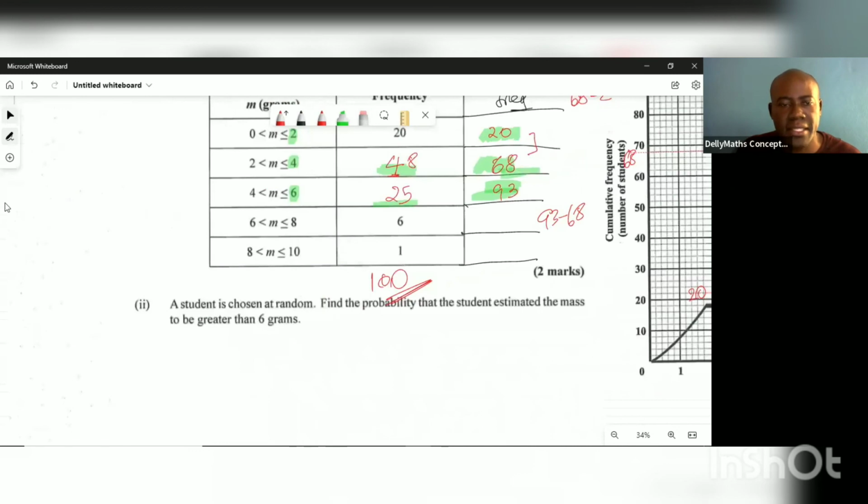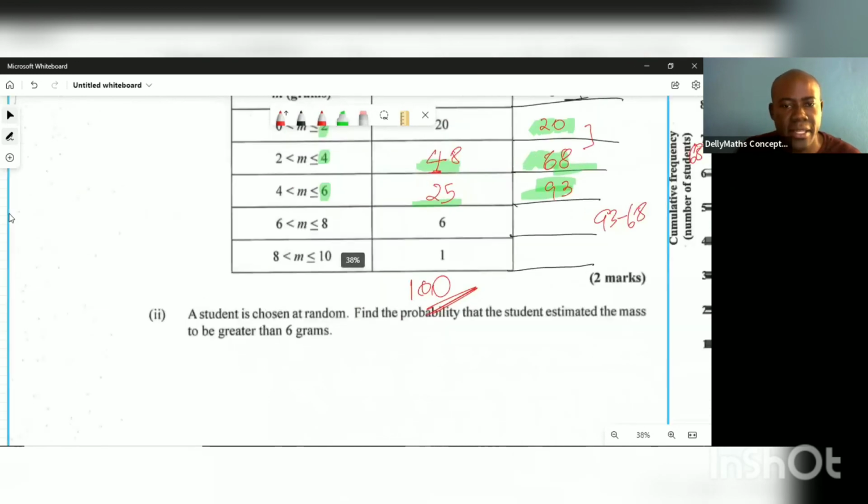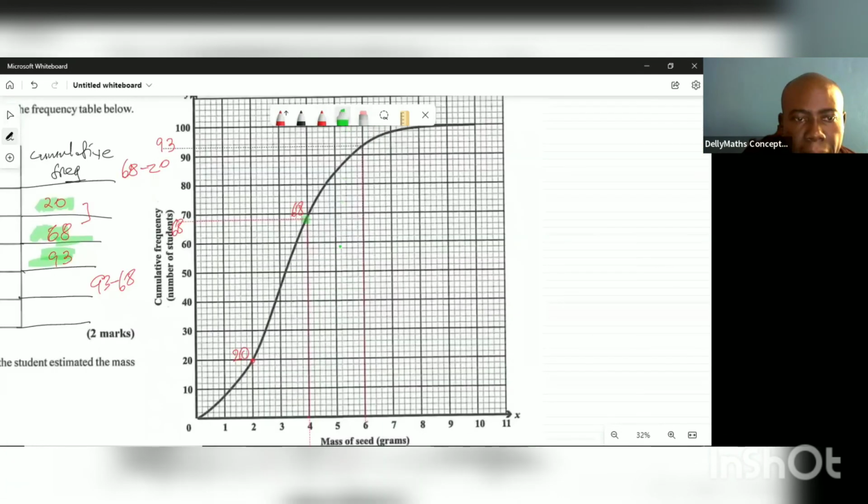All right, the last question says, a student is chosen at random. Find the probability that the student estimated mass to be greater than 6 grams. So this is a 6, and you follow the 6 up.